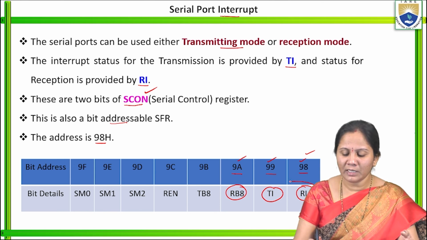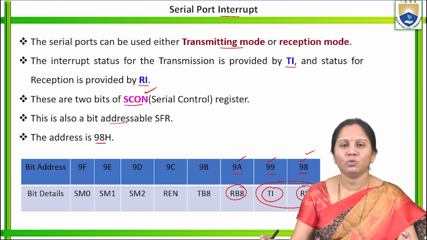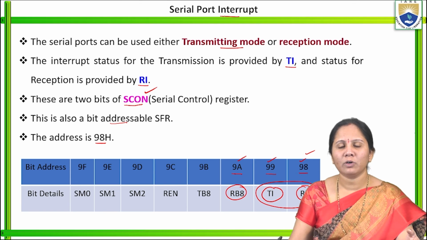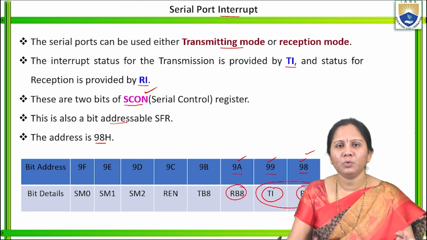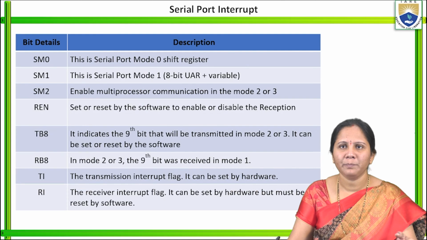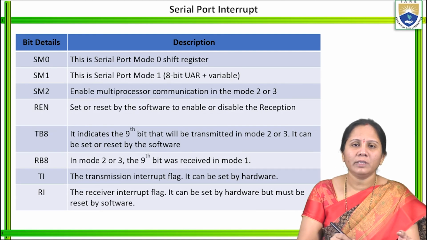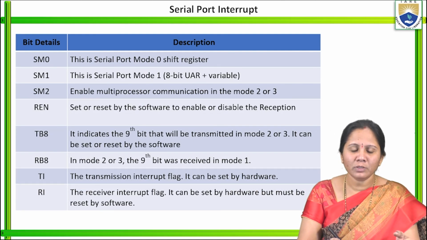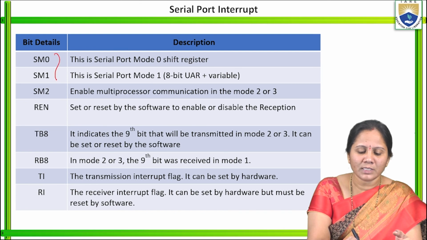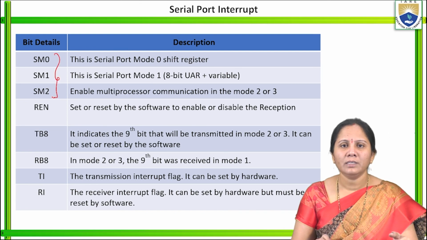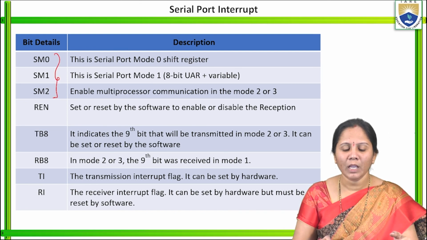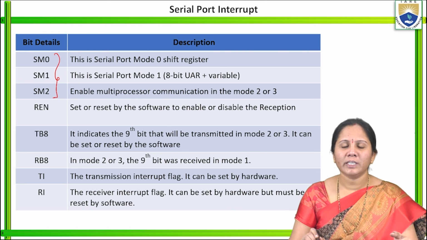So mainly this TI and RI, these are the two interrupt bits which are used to provide interrupts during serial communication. So here are the 8 bits related to that serial port. Using these first 3 bits, the mode of serial port operation can be set.